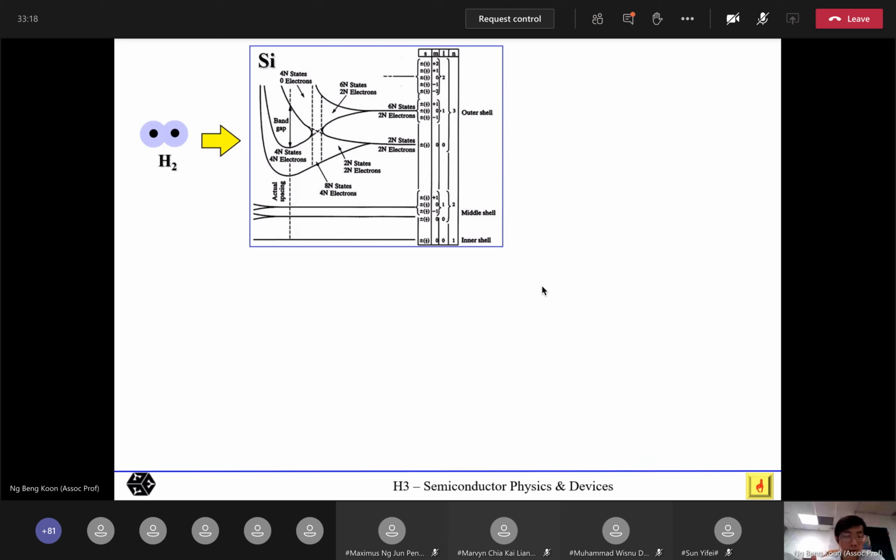So they have to split, and as a result, the initial discrete levels for a single atom now split, and you get this upper band and the lower band. That forms the band structure of the semiconductor material.